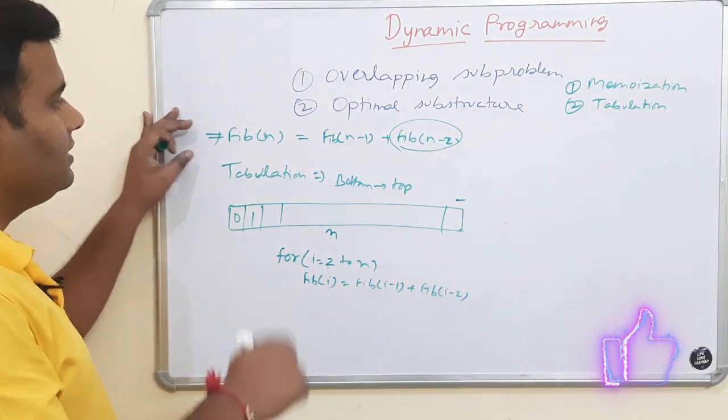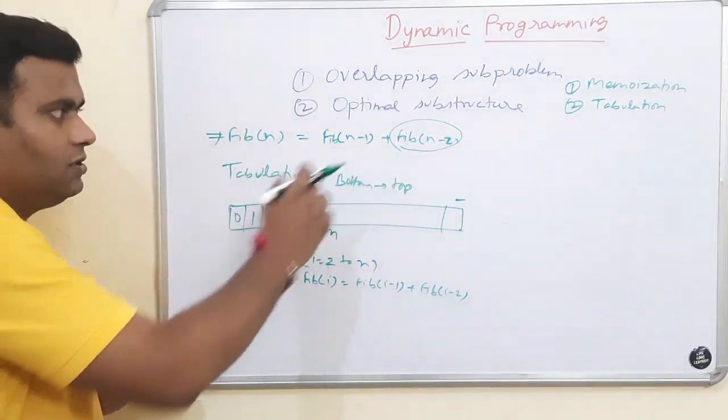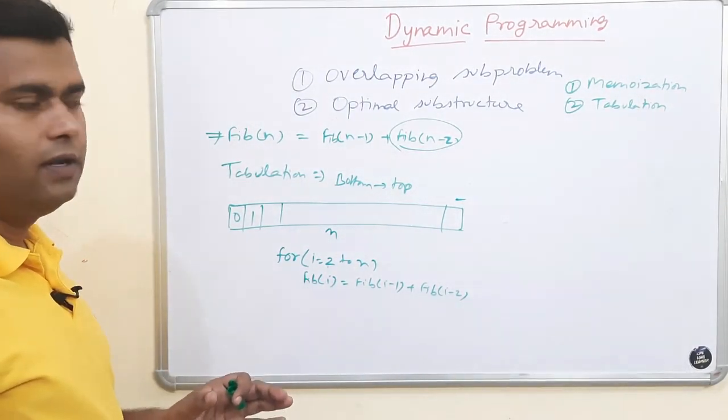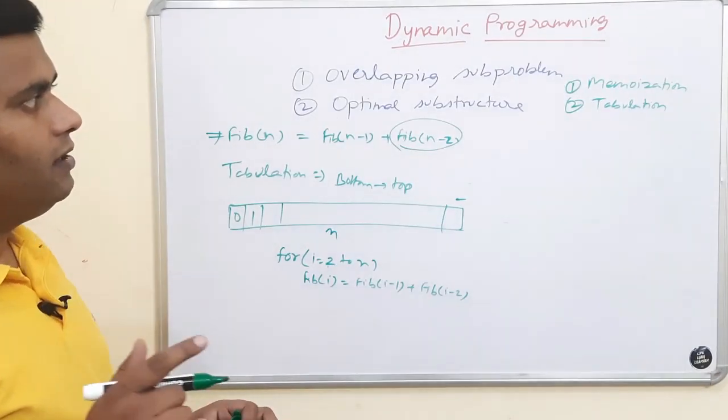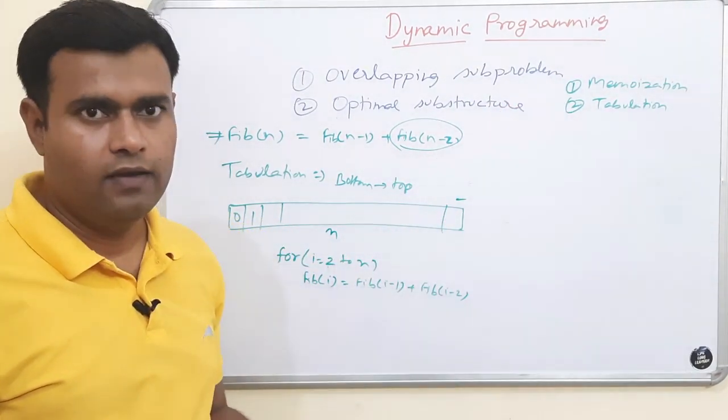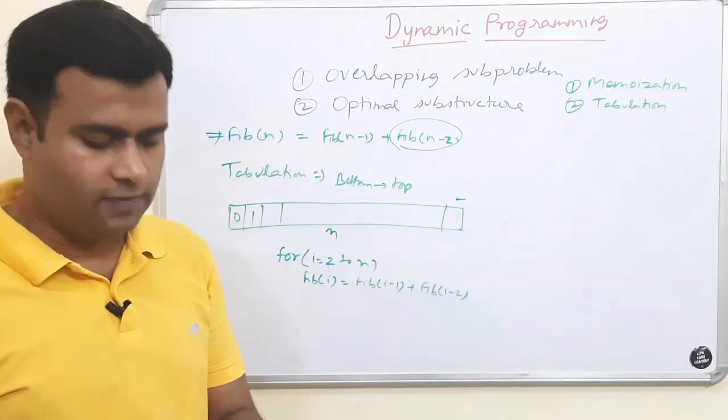But again, here in this case also you have to master this recursion. Once you master the recursion of any dynamic programming problem, then you can think which approach is easier for you, either memoization or tabulation. One of them will solve your problems.